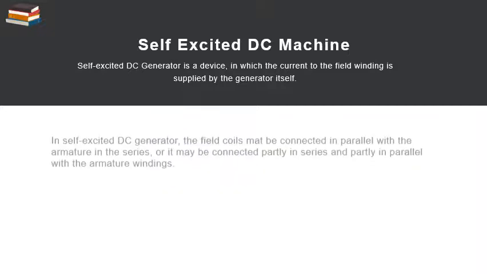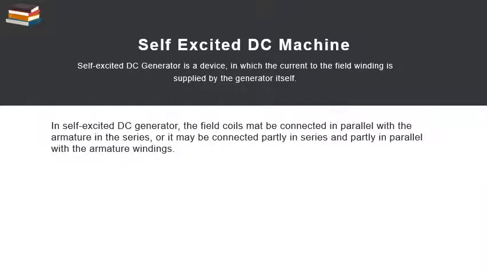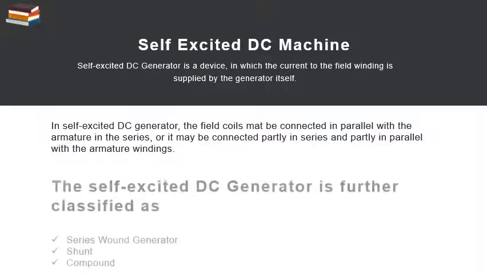Because the current is supplied by the machine itself, it is known as a self-excited DC machine, DC generator, or DC motor. In a self-excited DC generator, the field coil may be connected in parallel with the armature, in series, or partly in series and partly in parallel with the armature winding.